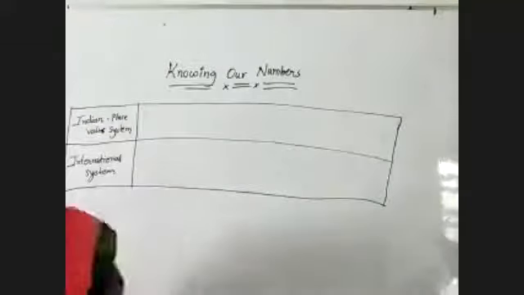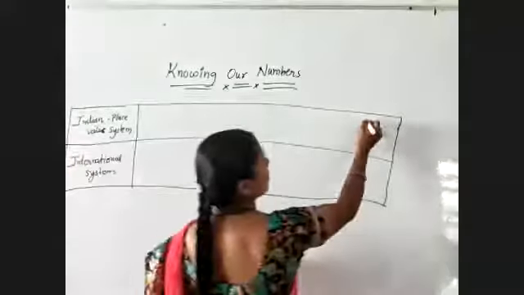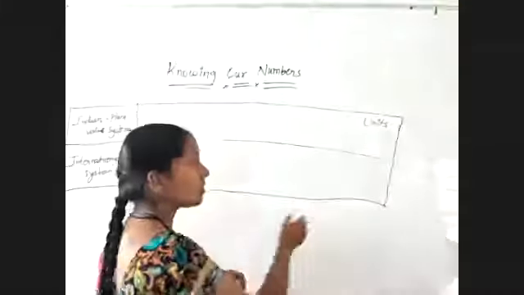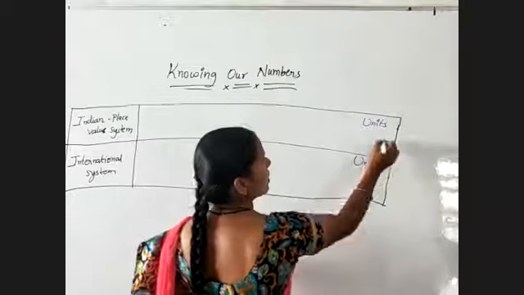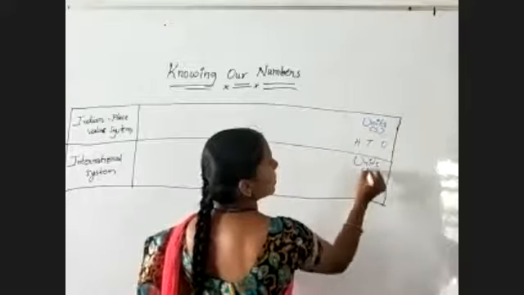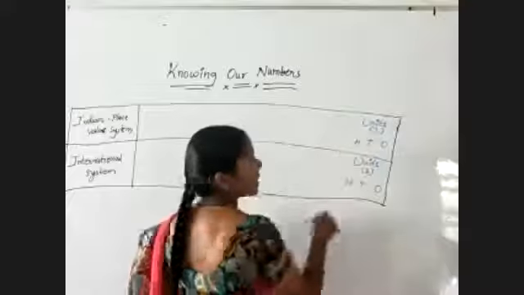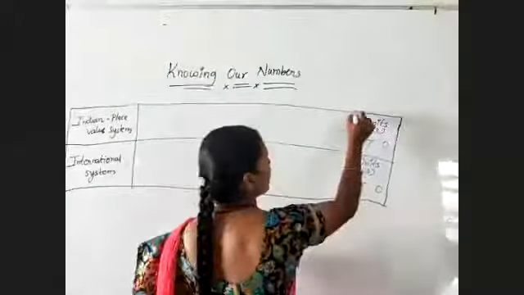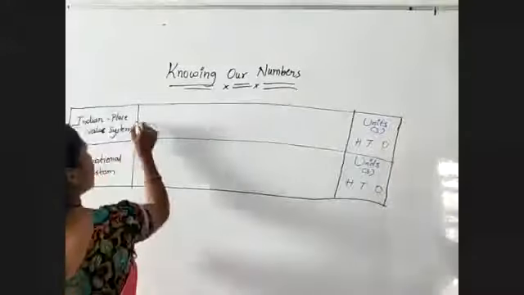What are the main periods? How do they change? Here we have units in the Indian place value system, and in the international place value system also units: 1, 10, 100, 3 digits. Here also 3 digits. There is no change for these two places. So units are the same in both place value systems.